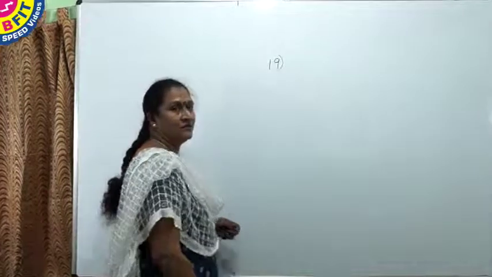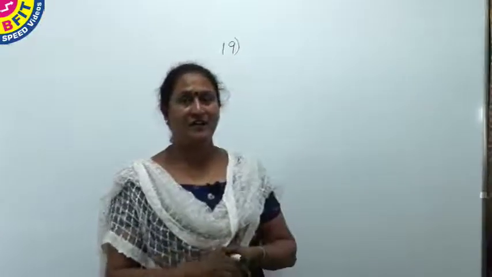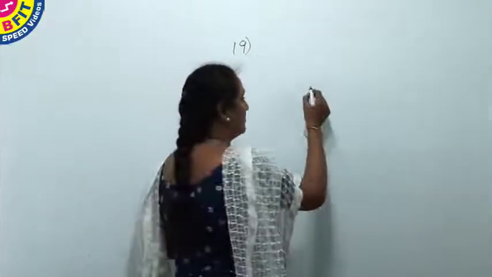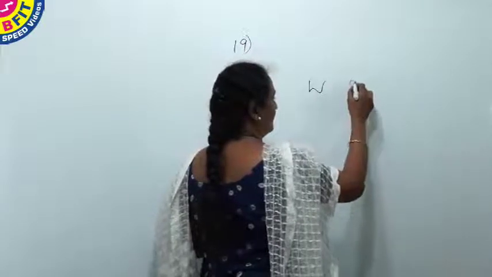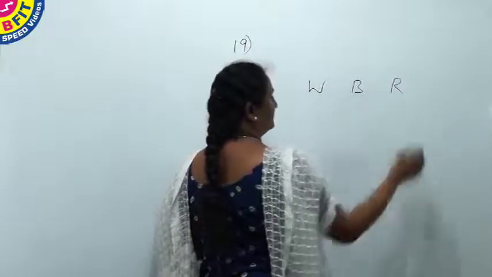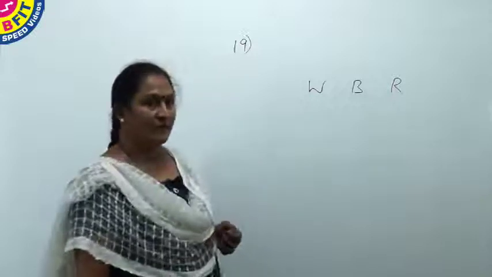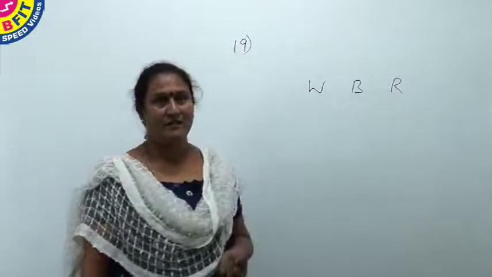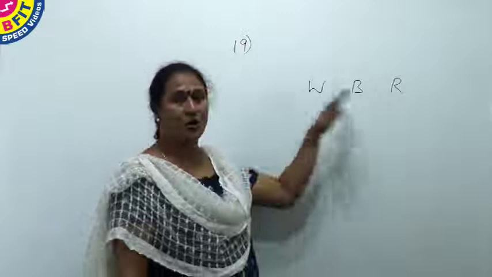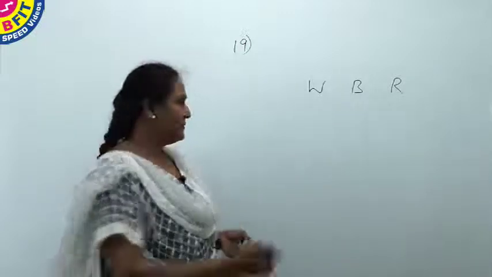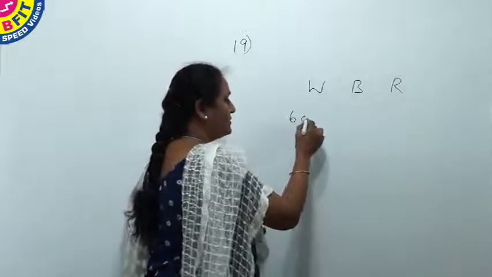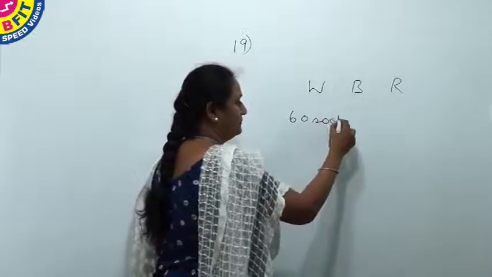19. In a bag, we have 3 colors of socks: white, black and red. We have 10 pairs in each. It means altogether 30 pairs, so in total you have 60 socks in the bag.